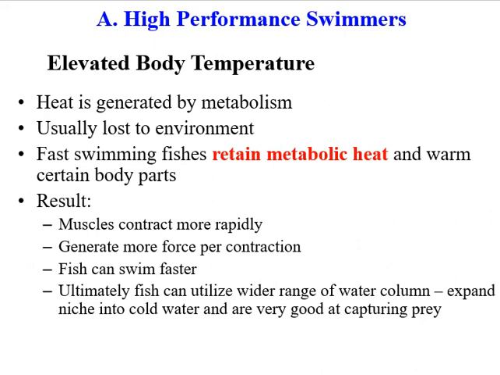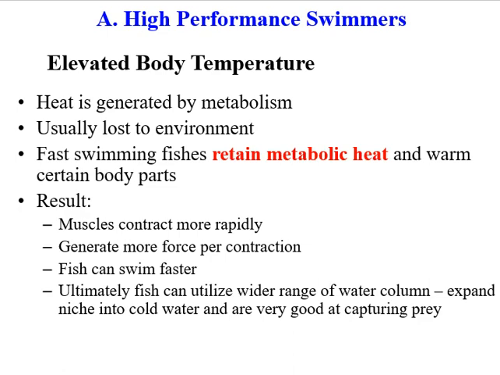Well, let's look at this idea of heating your body to be able to swim faster. If you heat part of your body, not your whole body like birds and mammals, but you heat your muscles, basically. These muscles are red muscle as opposed to white muscle, and this red muscle has a number of different characteristics in terms of the enzymes that are there, the ability to use oxygen, the density of red blood cells and mitochondria.